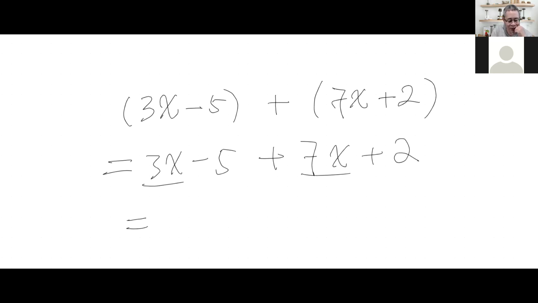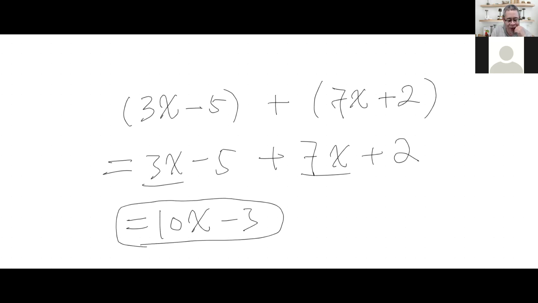So we got 10x here, minus 5 plus 2, -3. So we got 10x minus 3. Because we don't know the value of x, that's as far as we can go. Good? Okay.